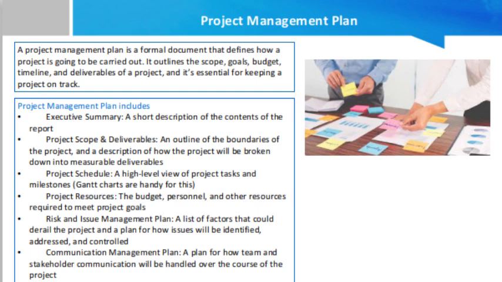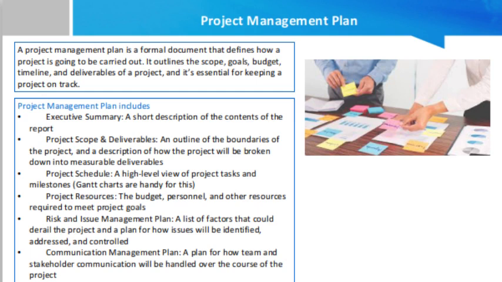Project resources, the budget, personnel, and other resources required to meet project goals. Risk and issue management plan, a list of factors that could derail the project and a plan for how issues will be identified, addressed, and controlled.